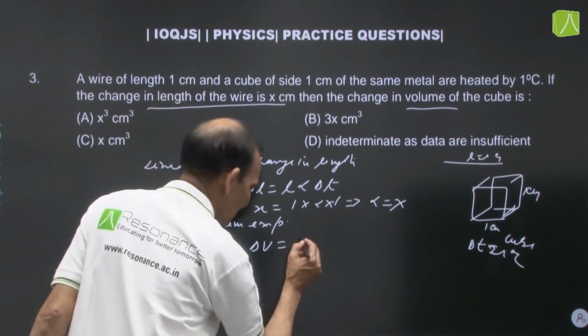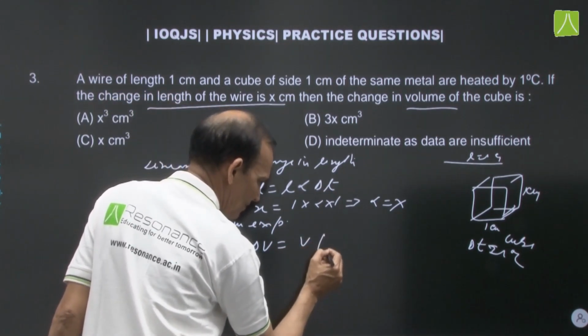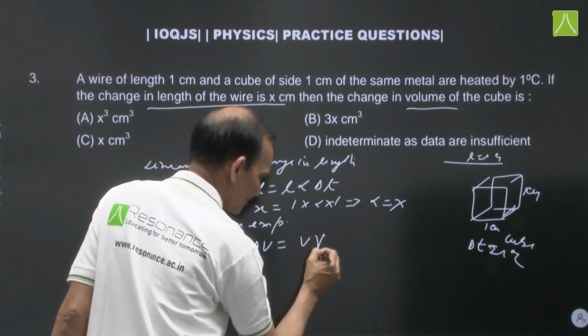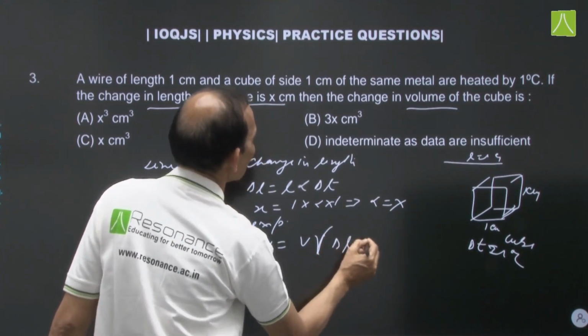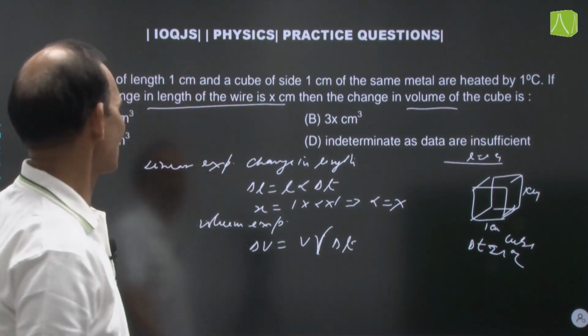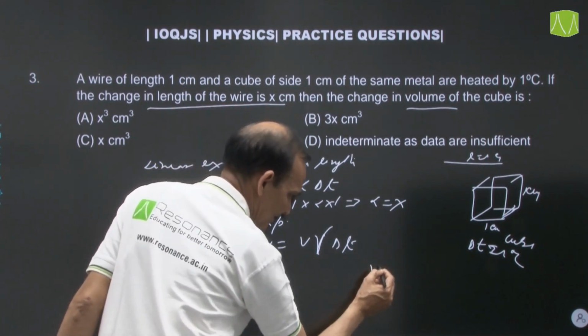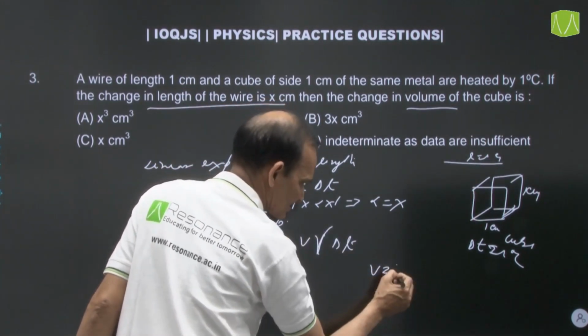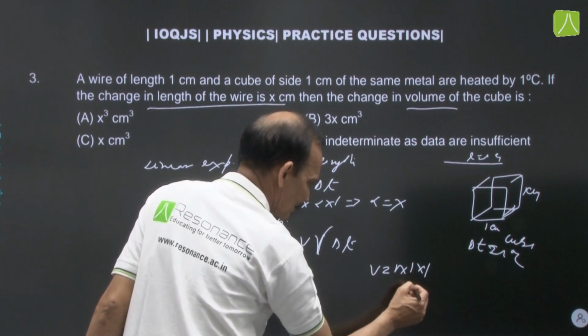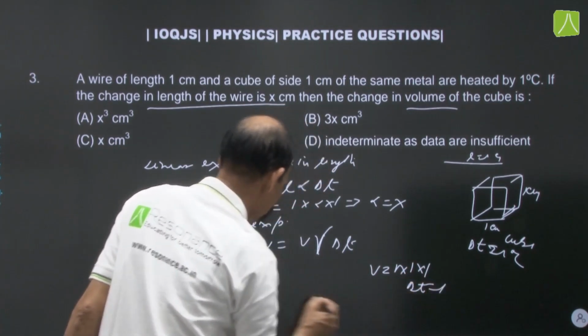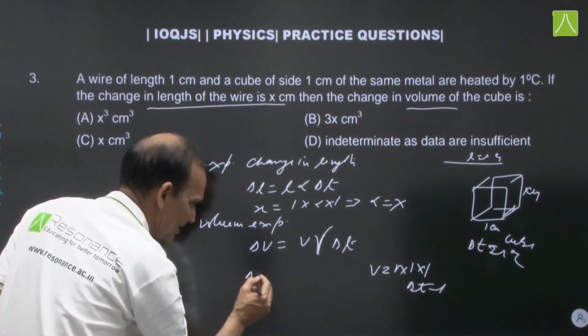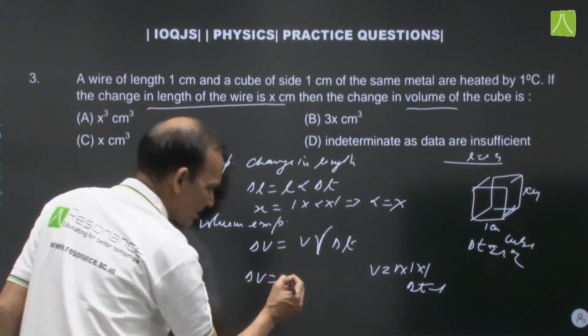Delta V is V into gamma delta T. V is the volume of the cube, that is 1 into 1 into 1, and delta T is also 1, so we can write delta V is equal to 1 times gamma.